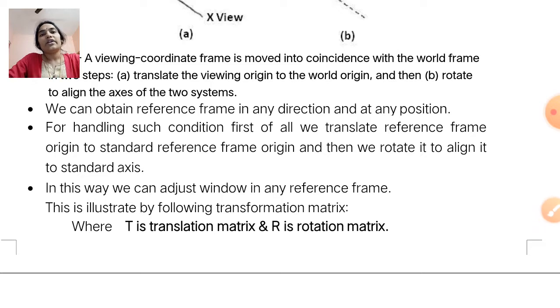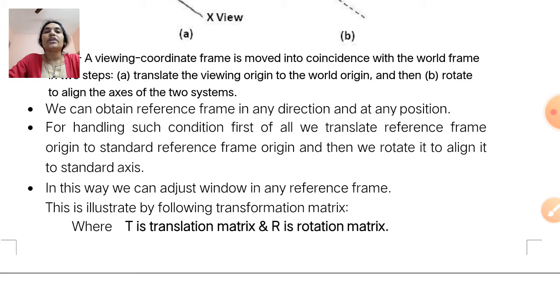Now we can obtain a reference frame in any direction and at any position. For handling such a condition, first of all we translate the reference frame origin to the standard reference frame origin, then we rotate it to align it to the standard axes.